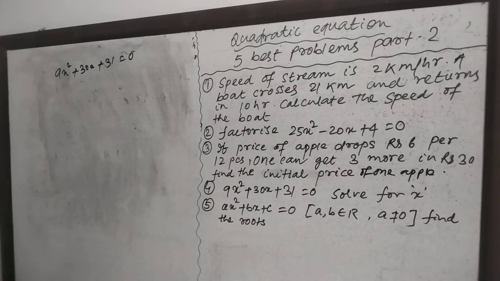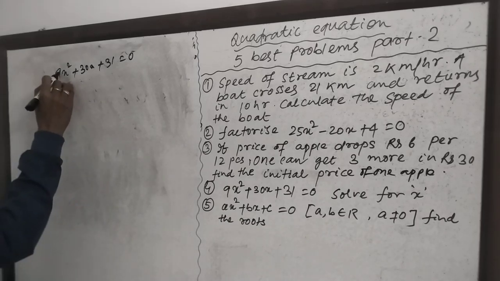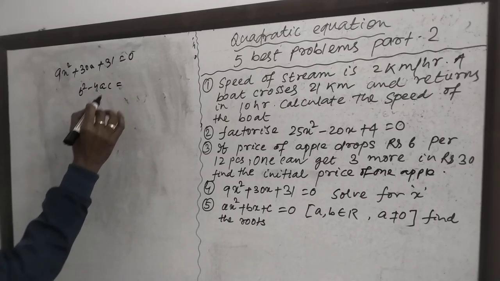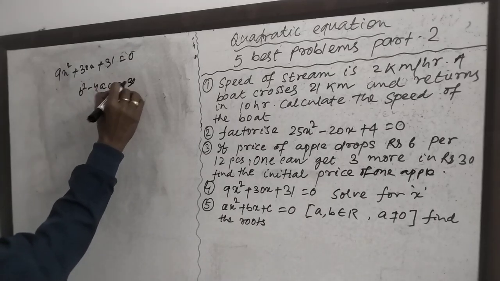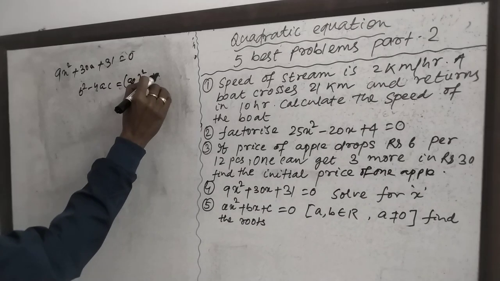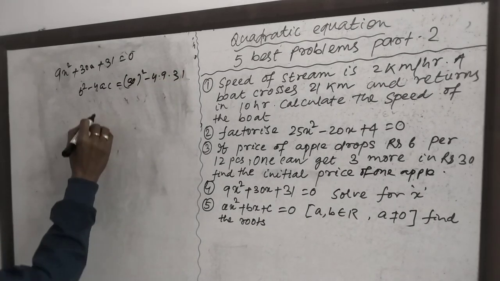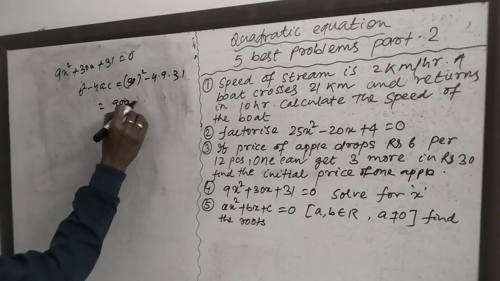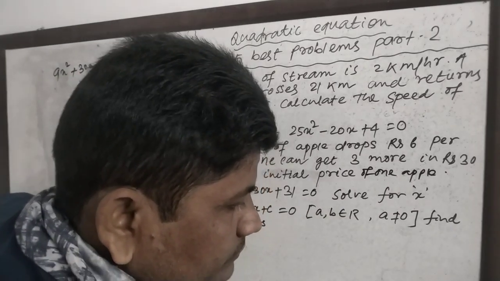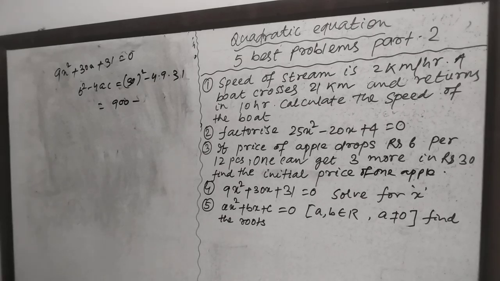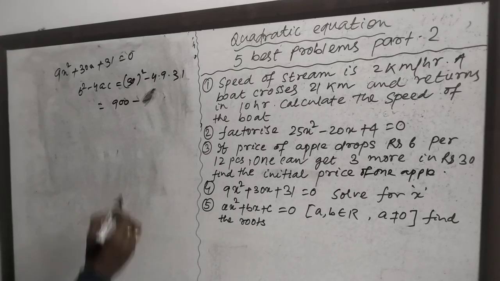Now put the formula here, Sridharacharya's. Okay, B square minus 4AC will be: B square means 30 square, minus 4 into A means 9, into C means 31. Okay, that is 900 minus 1116.